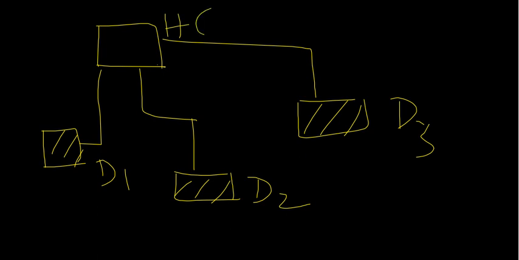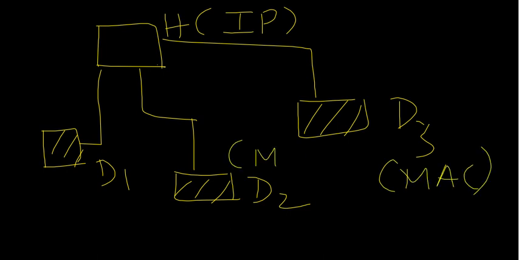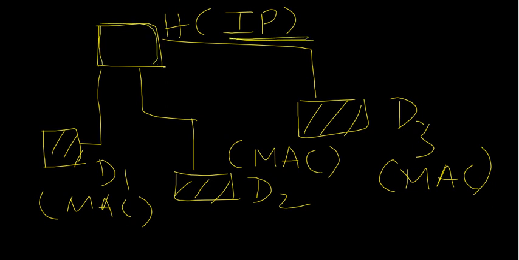This host is always characterized by a unique IP address, and all these have MAC addresses. That means they have the media access control address within the network to which they are connected to a particular host, right? So the IP address is given only to the host. In this way you will be able to differentiate between a host and the device.